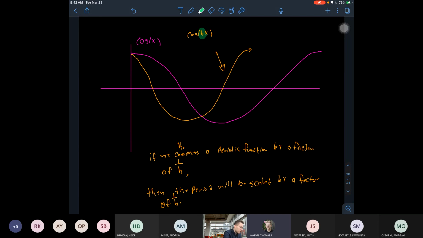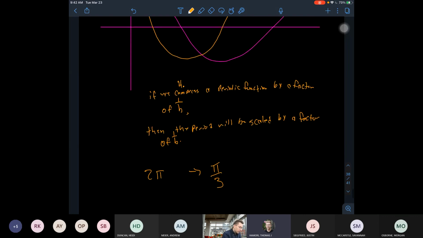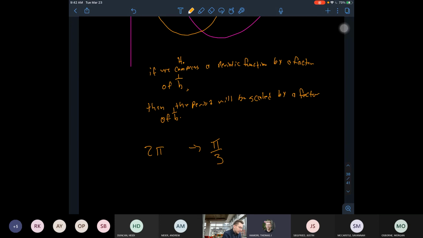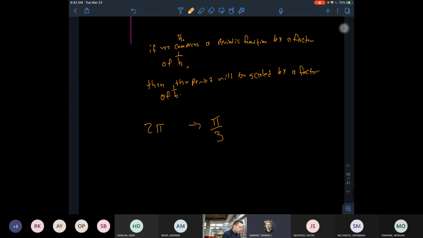We have to remember that this scales us horizontally by a factor of 1 over B. So really I want 2 pi to be scaled down to pi over 3 by this factor of 1 over B. So what I want is that 2 pi times 1 over B should be equal to pi over 3. That should be my new period.